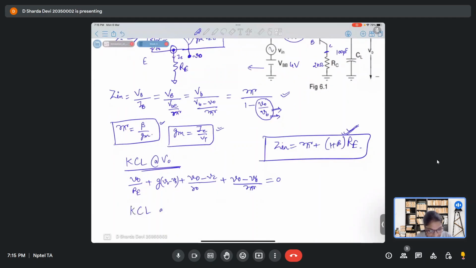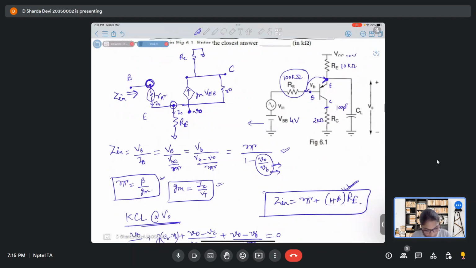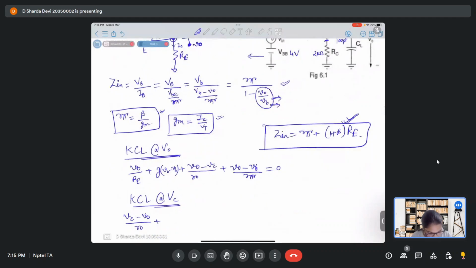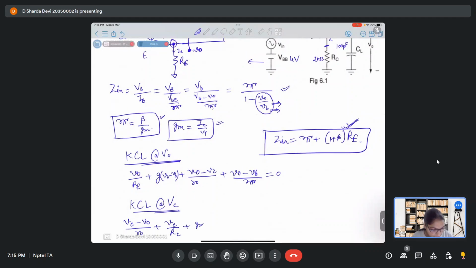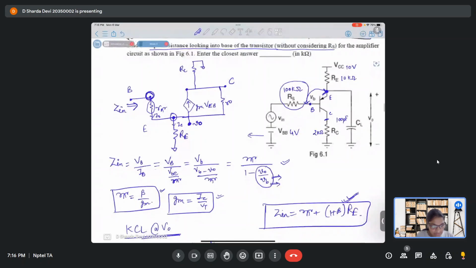So let's write KCL at VC. So when we are writing KCL at VC, we'll get, so at this point, it is VC minus V naught by R naught plus VC upon RC plus GM VP minus V naught, because it is actually opposite.